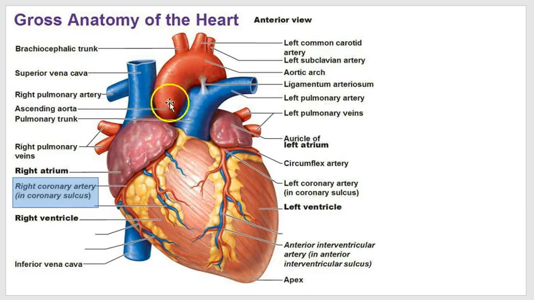And so it comes out right here at the base of the aorta, and then all the arteries come to deliver the blood, and the veins take the waste back here to the right atrium. And so what a heart attack is, these heart muscle cells need a lot of oxygen because they're always working, and they use that oxygen to make energy.